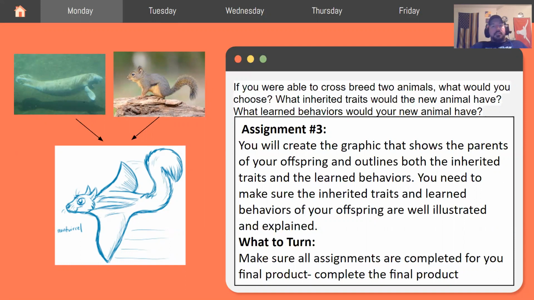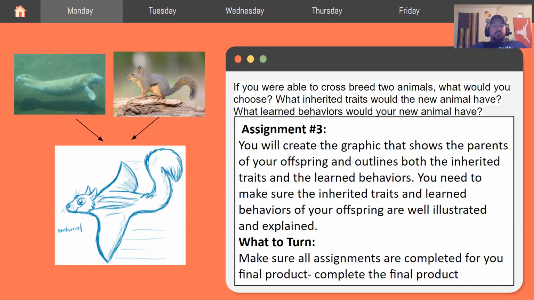Flies through the air, well, neither a manatee nor a squirrel can fly, so you can say that's a learned behavior, right? And then fur of a squirrel, that's inherited, so we're going to put that in that column. Both herbivores, that's another inherited, right?